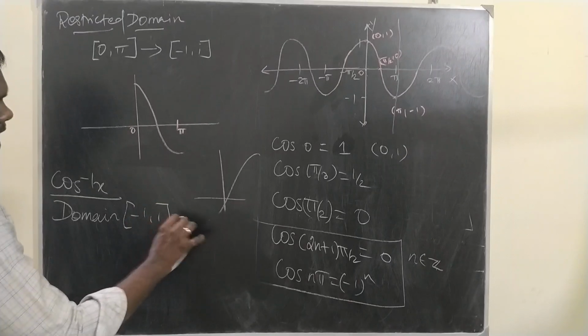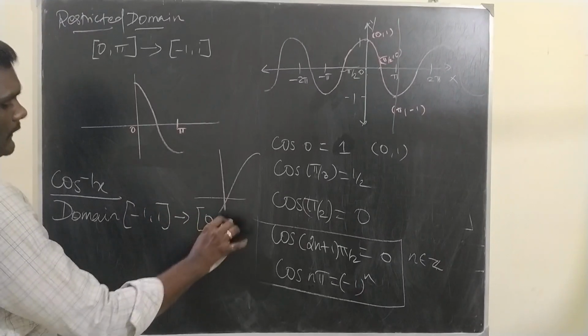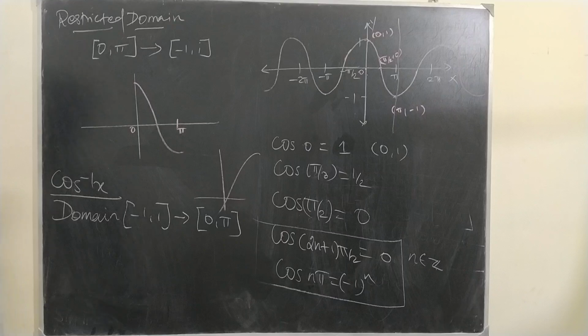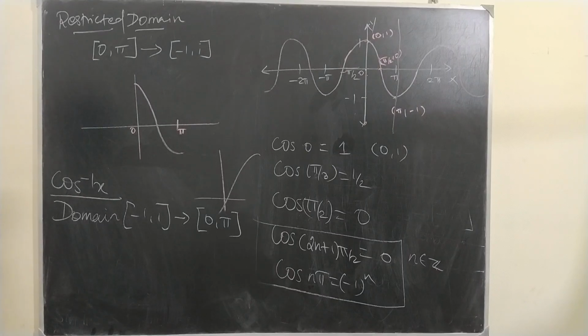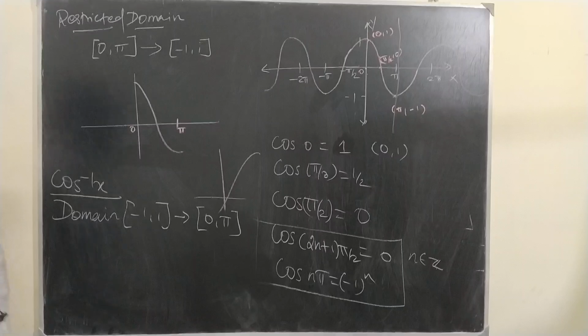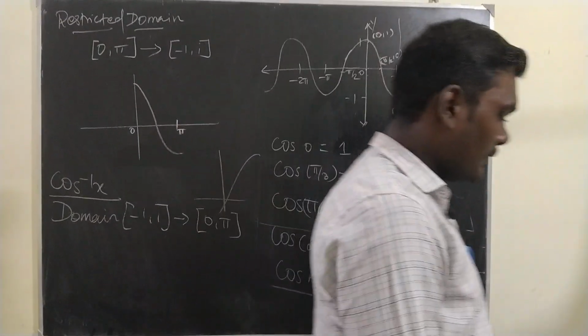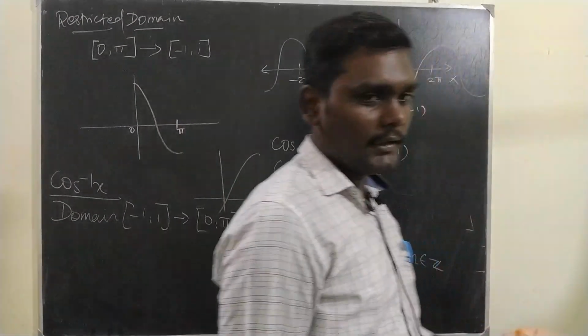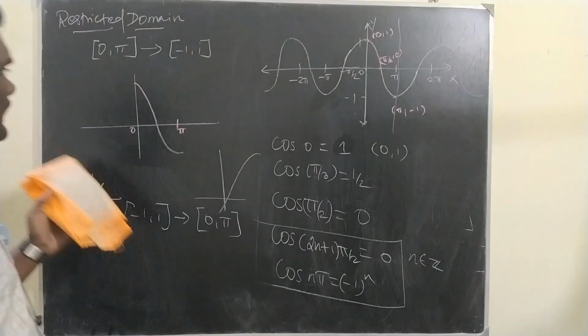Minus 1 comma 1, to 0 to pi. Okay, got it? So this is how we can understand this inverse function. Still there is the tan function, sec function, cosec function. Everything flows with the same idea.